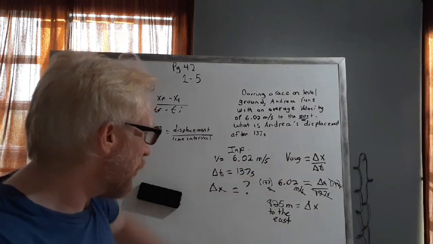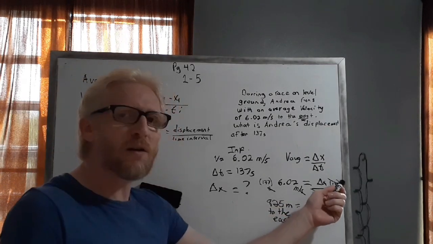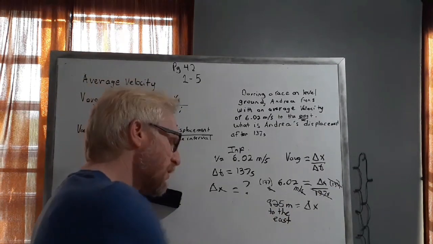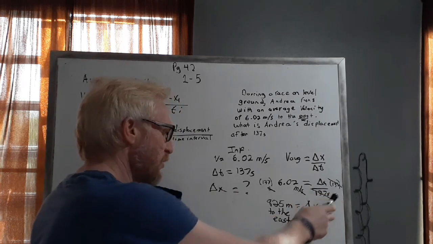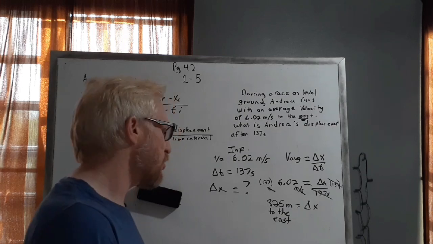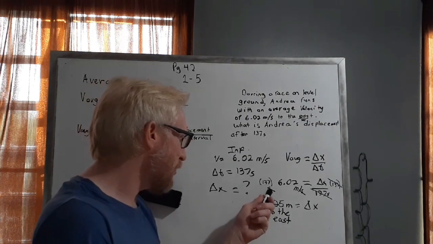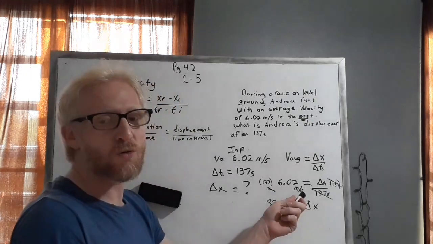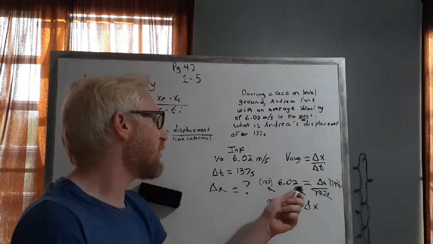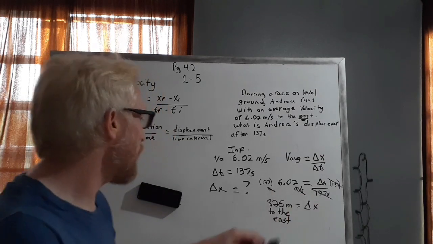So we plugged in all the numbers, and to solve for the change in x, we simply multiplied 137 on both sides, and 137 and 137 cancel out, and 6.02 times 137 is 825. Our units cancel out because 137 seconds cancels out with 6.02 meters per second, so the seconds cancel out with seconds, and that leaves us with 825 meters.